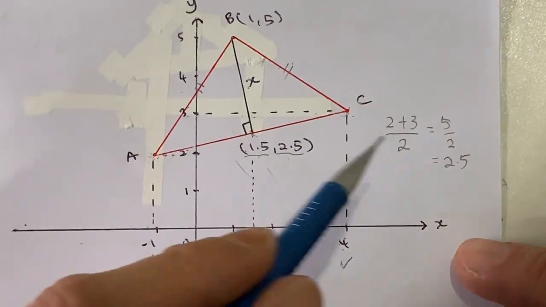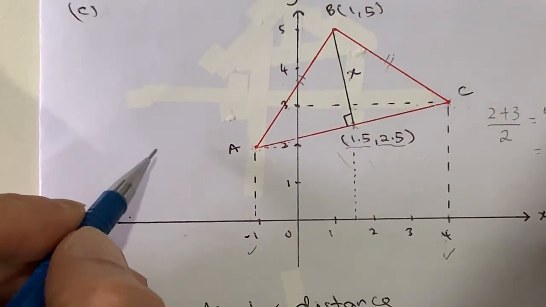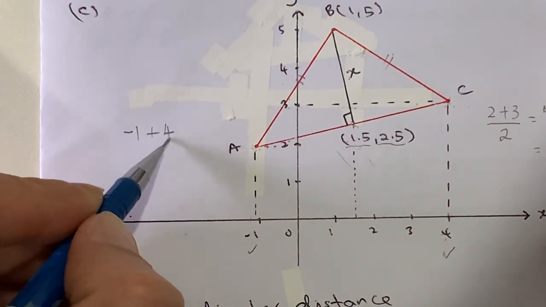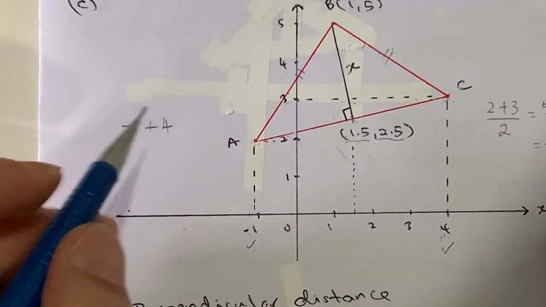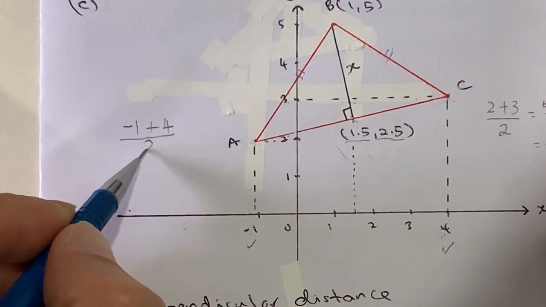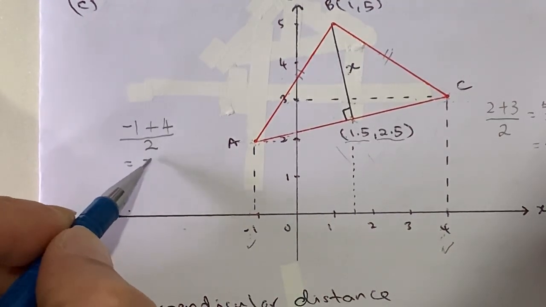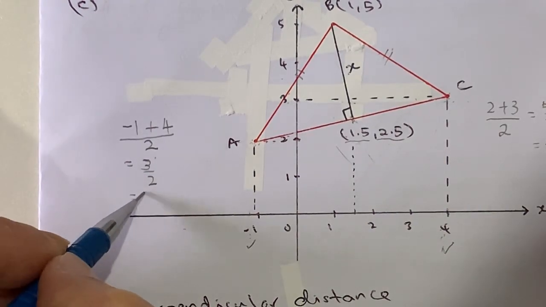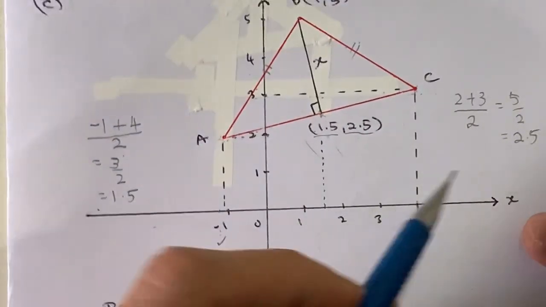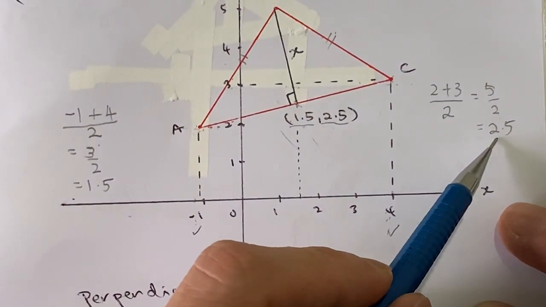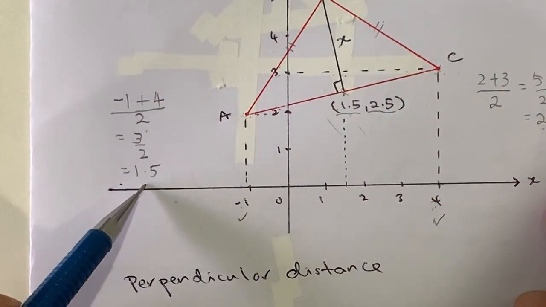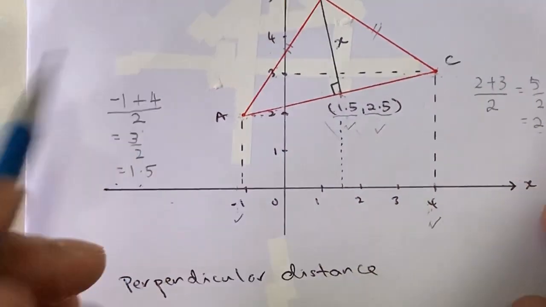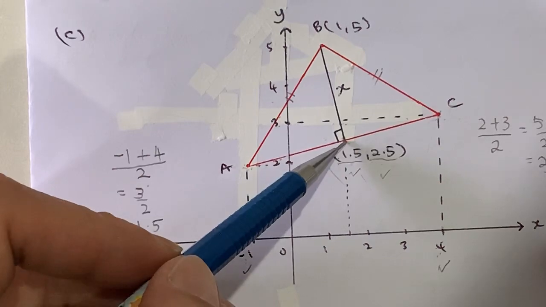Again, working-wise, between negative 1 and 4, to get what's in the middle, I'll divide by 2, I get 3 over 2, then this is 1.5. So the middle for the y coordinates is 2.5, the middle value for the x coordinate is 1.5. So this is the coordinates at the bottom here.